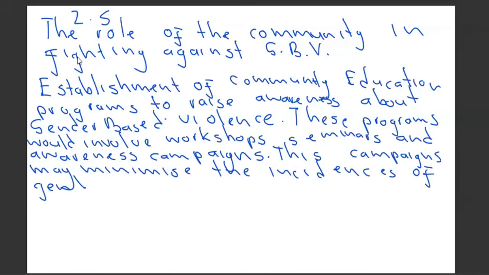So educating people through community education programs might minimize gender-based violence. So it can result in a drop in gender-based violence.